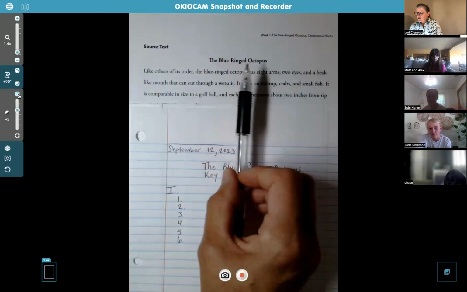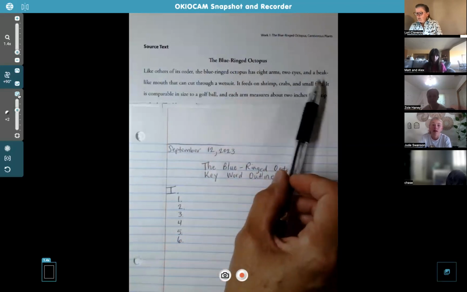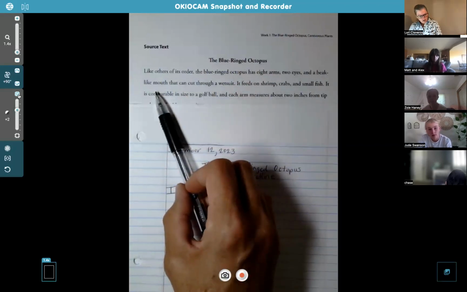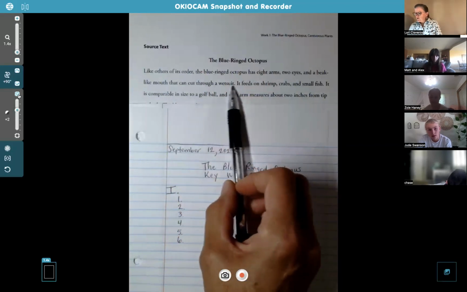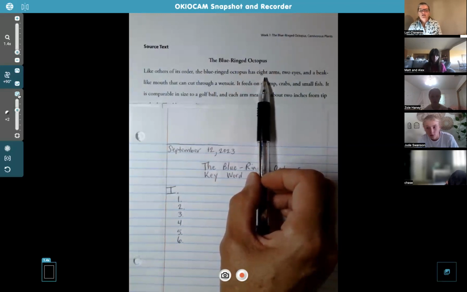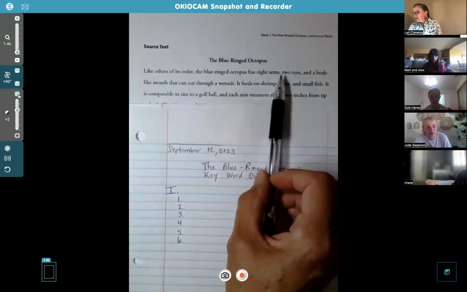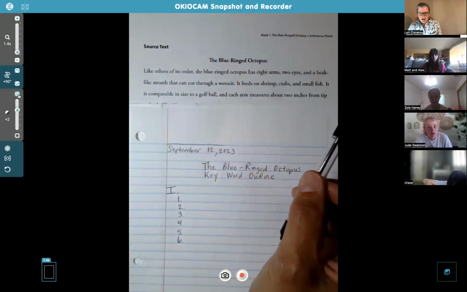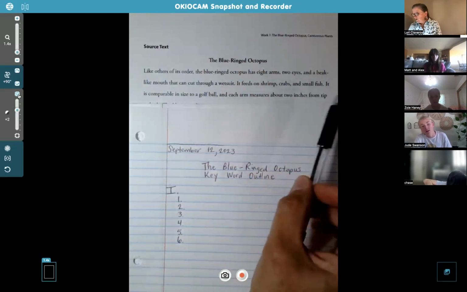So I do want to make sure to mention that it has a beak-like mouth and that it cuts through the wetsuit. Now I already know octopus, they always have 8 arms because octa is 8, like octagram. And then 2 eyes, we pretty much know it has 2 eyes.